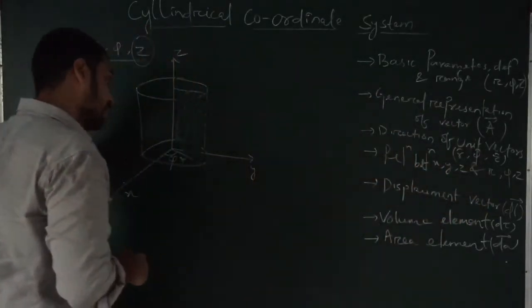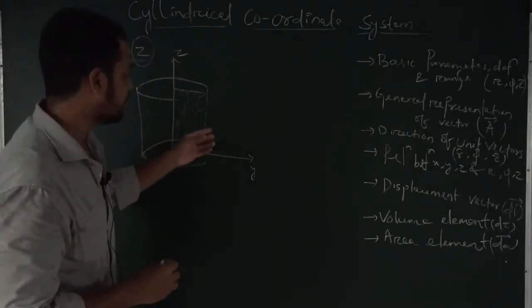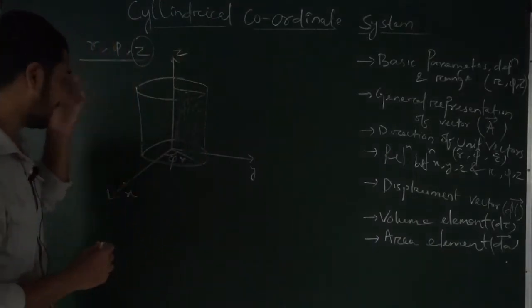So let's go for the general representation. But before going to the general representation of a vector, let's see the range of your r, phi and z.